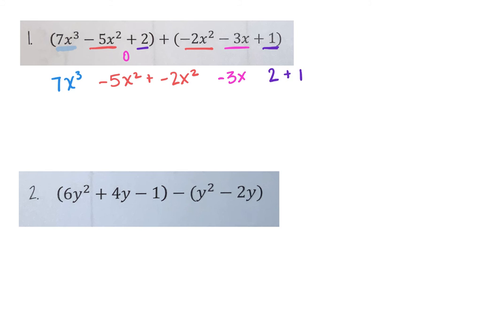And so those are my groups. Those are what I actually end up with. And so then I'm going to just simplify. 7x cubed cannot simplify. What's negative 5x squared and negative 2x squared? Negative 7x squared. The negative 3x cannot combine with anything. And then I have a 2 plus 1, 3. That is my answer for that one.